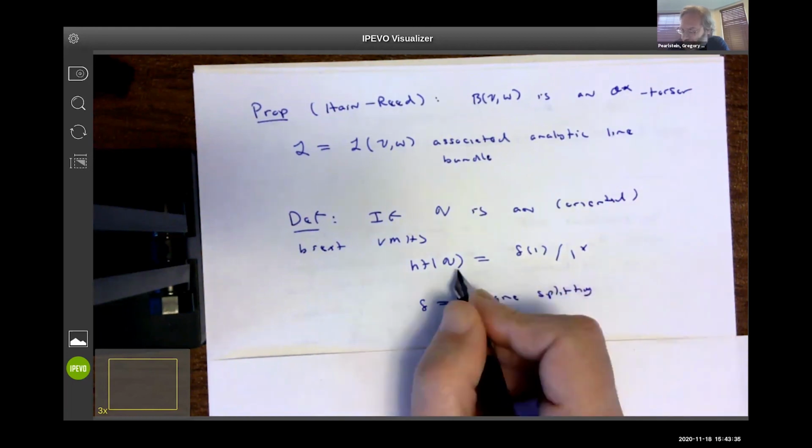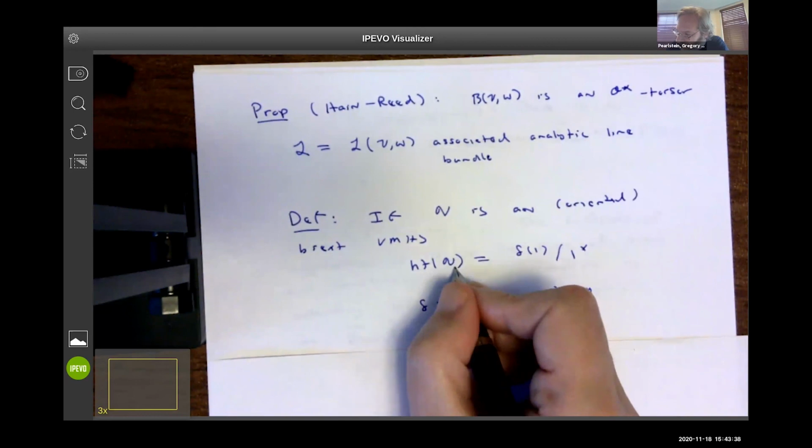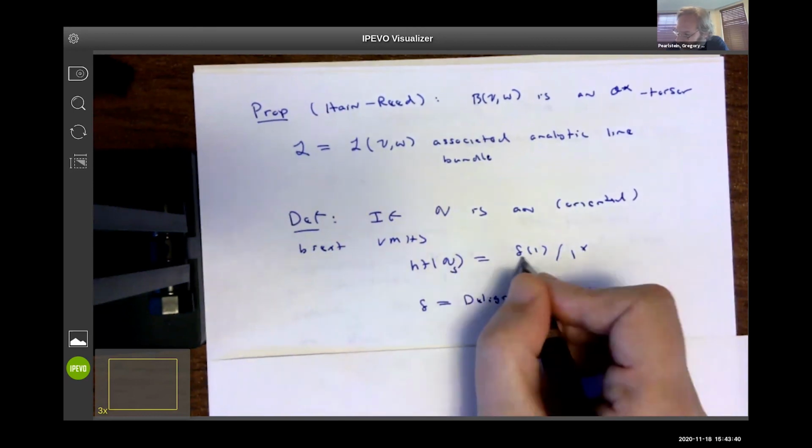So this is done fiber by fiber. If you'd like at s, then I put delta of s there.